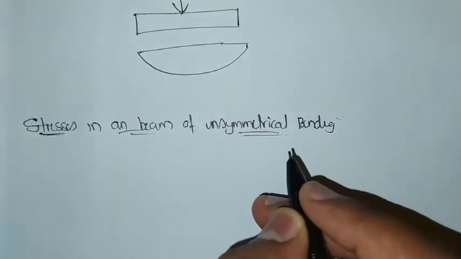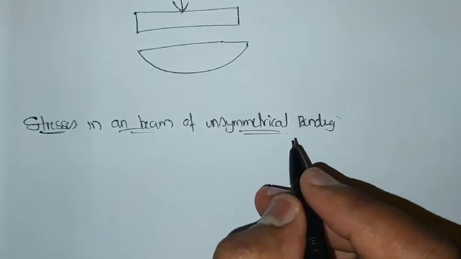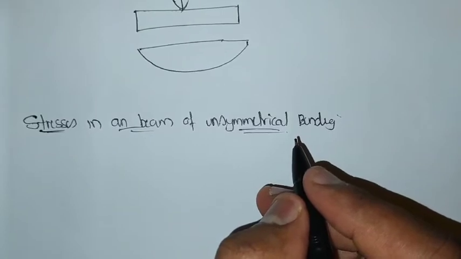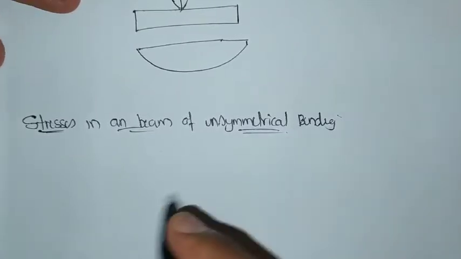For this, I am going to select one beam, a circular section, and make a cross section.